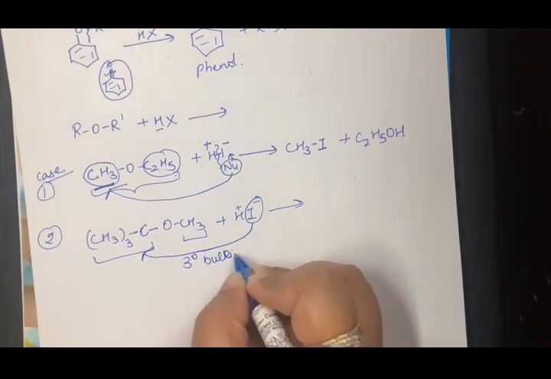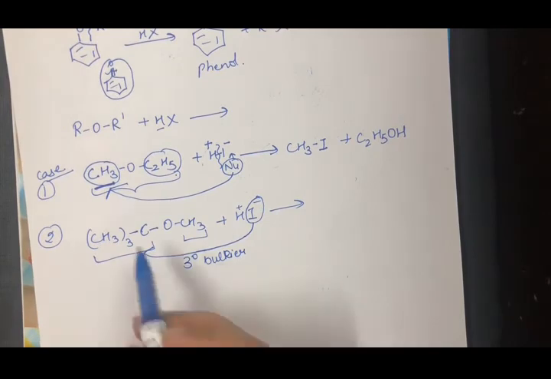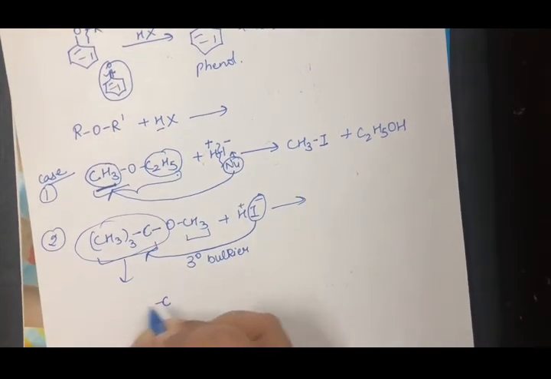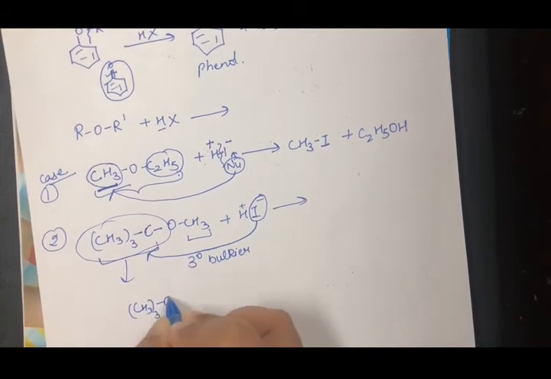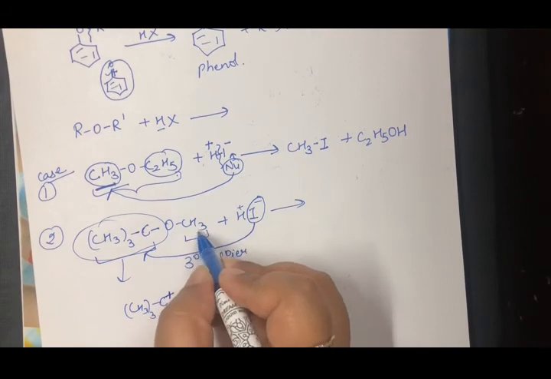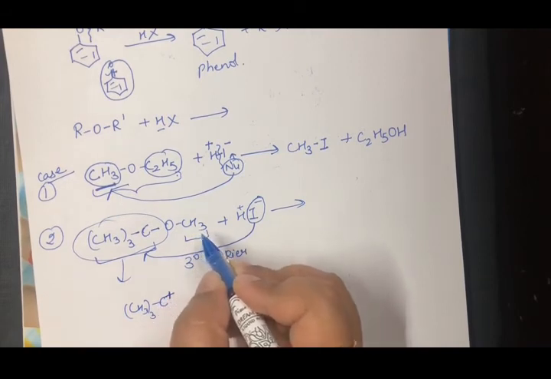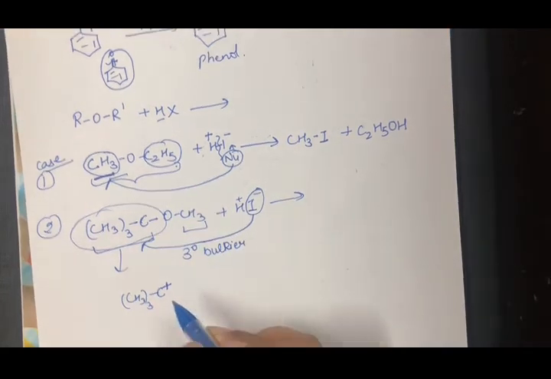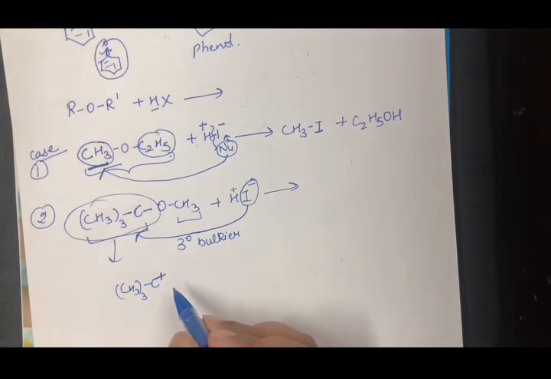Now the question is why? Because when this breaks, it will give me a tertiary carbocation, which we know is more stable than a primary carbocation. So my reaction is going through the formation of a carbocation, and obviously I will prefer the carbocation which is more stable in structure.